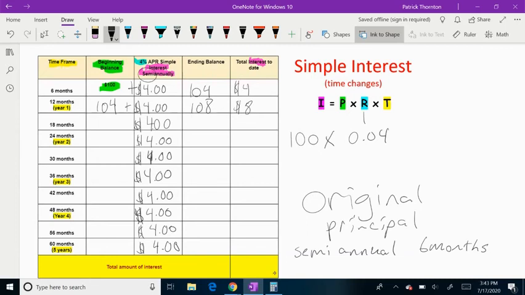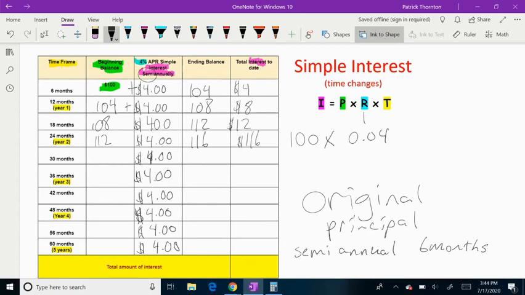Now the next 6 month period would be 8 plus 4 more dollars is 112, not 10. And I've earned $12. Another $4 puts me at 116.